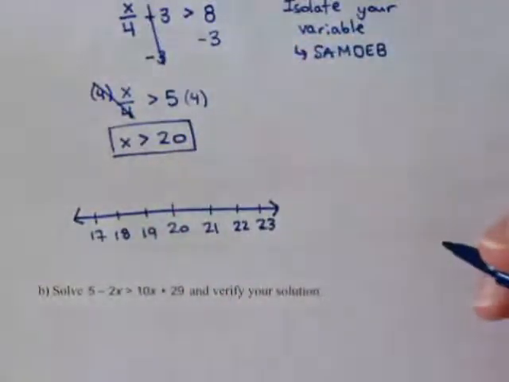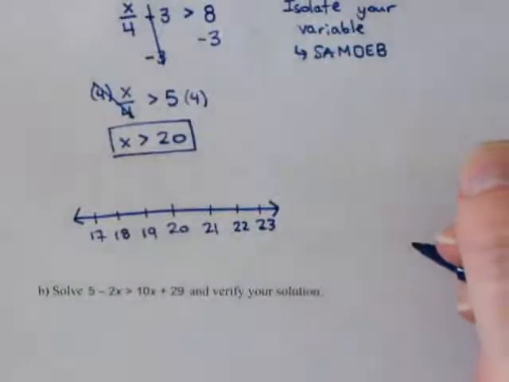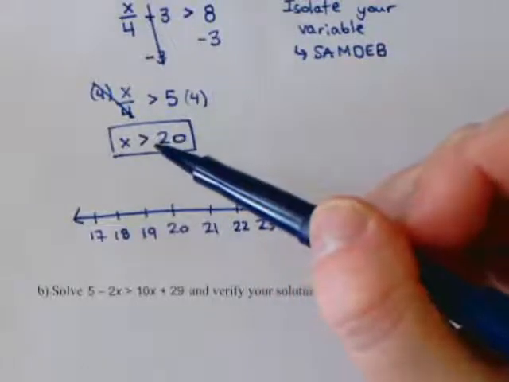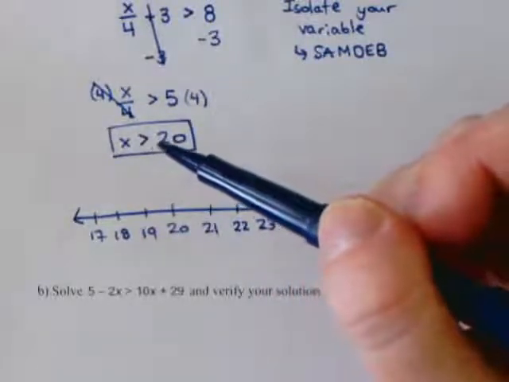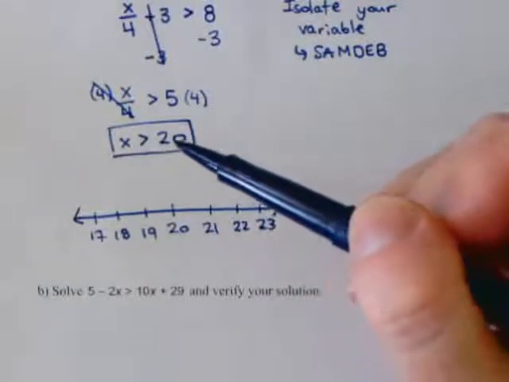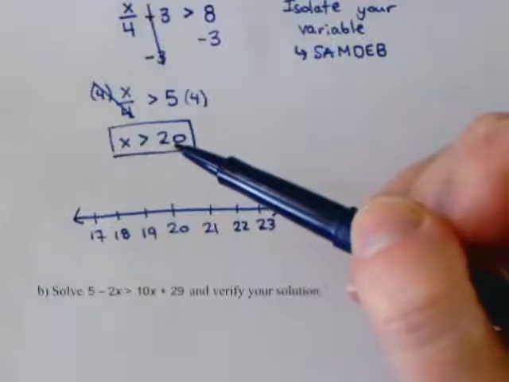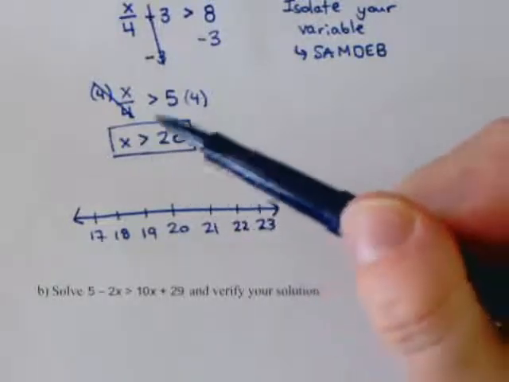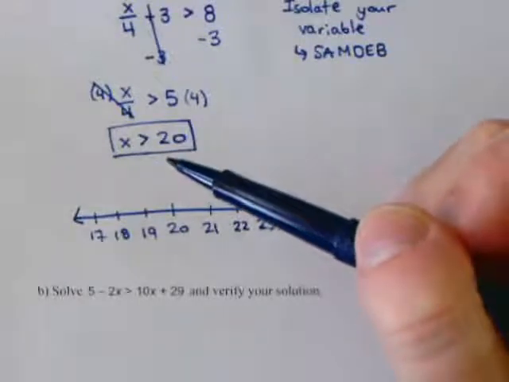Now, reminder, going back to the last lesson, we have to look at what type of inequality symbol we have in order to determine if our circle is going to be filled in or not filled in. Because it does not have an equal sign under it, this means that 20 is not a possible solution, which means our boundary point is not a part of our solution.